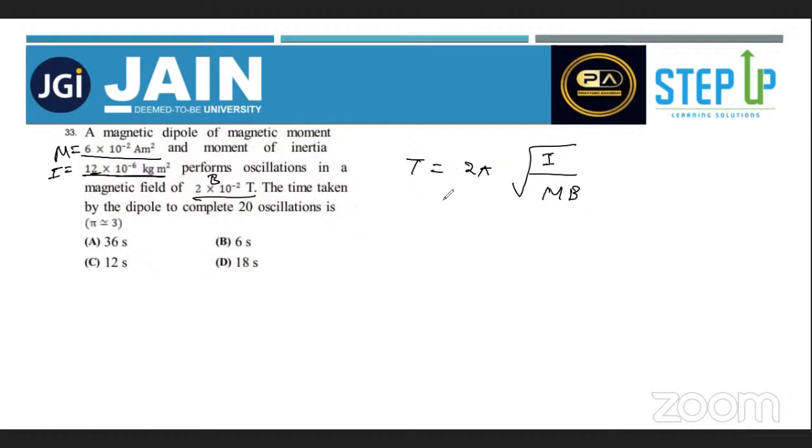That will give you the value for one oscillation. For 20 oscillations you have to multiply it, so it comes as 2 seconds. Okay, good. You just substitute and you will get the answer.